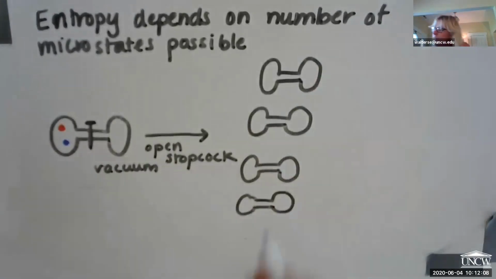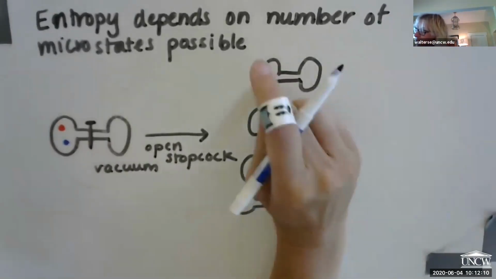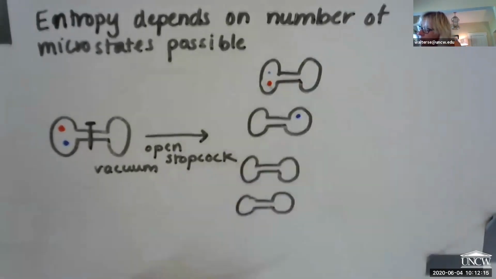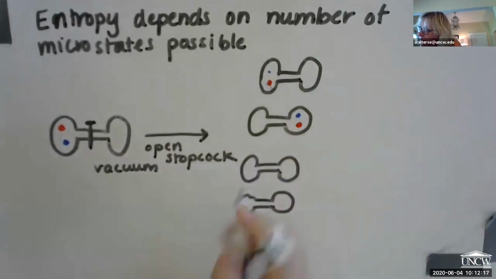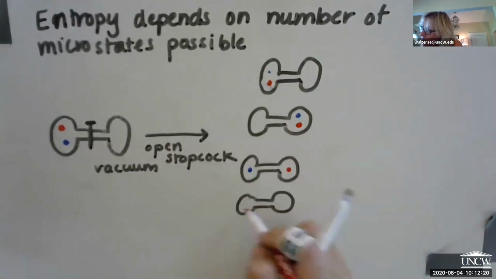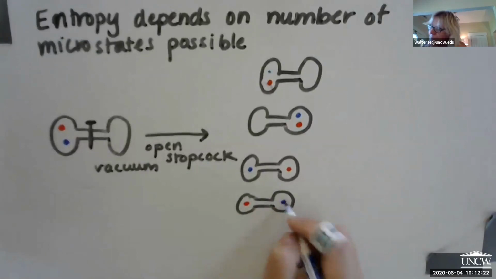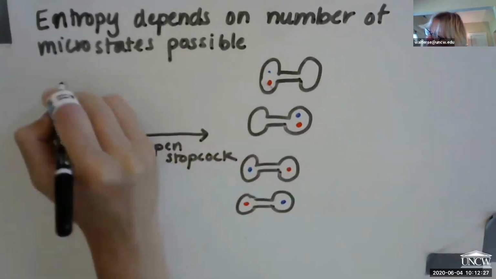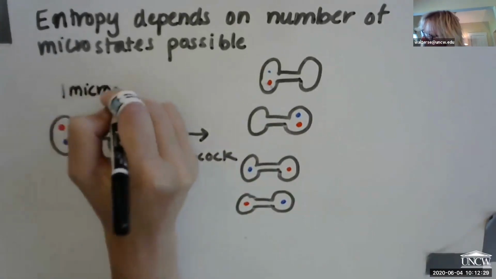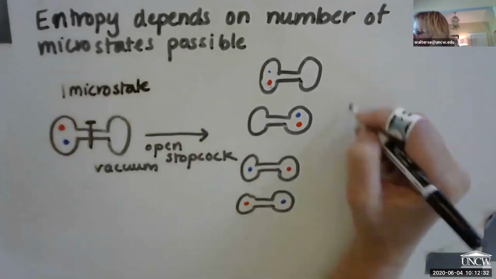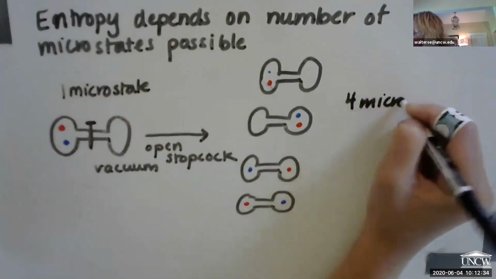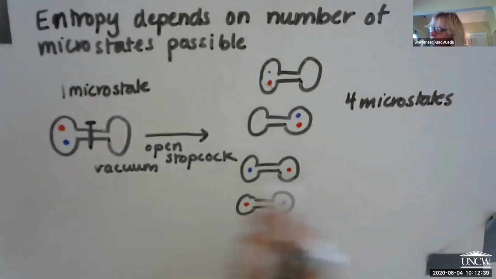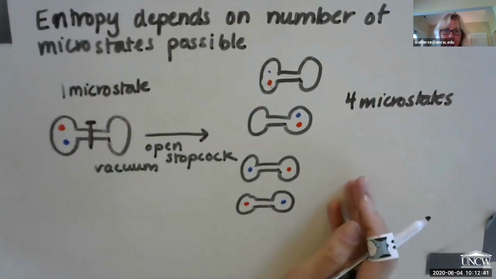They could stay on the left. They could both go on the right. One could be on the left and the right, or you could reverse it. So you go from having 1 microstate to having 4 microstates. If the number of microstates increases, the process is spontaneous.